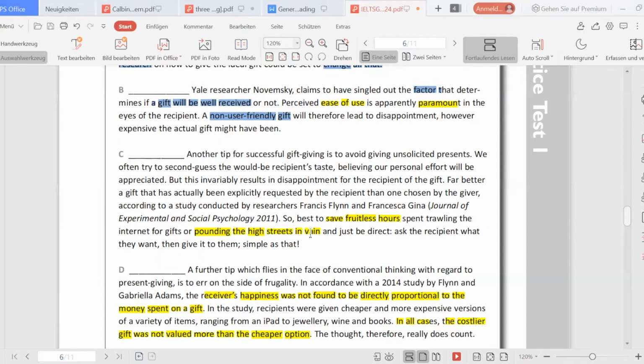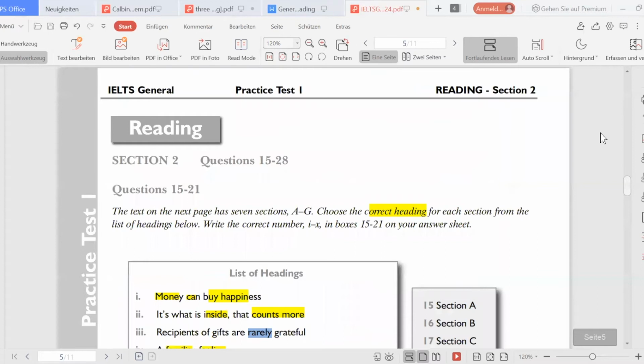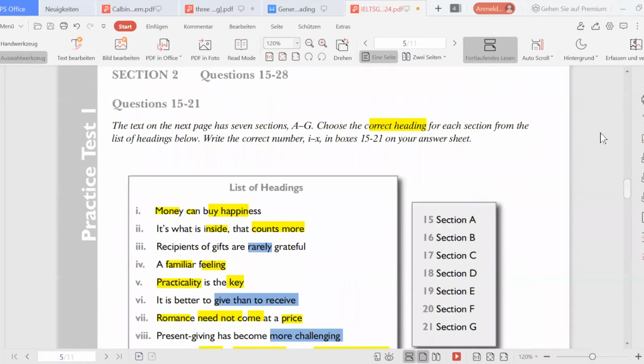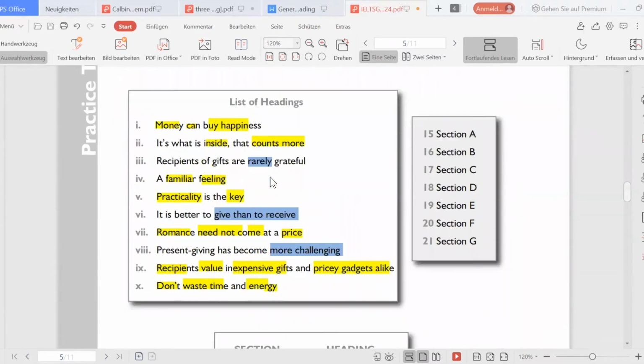Fruitless hours, pounding the high street in vain. Strong adjectives. B was about high degree adjectives. C is strong adjectives. We go to the text and then we figure out for 17, and it's actually the letter X. Don't waste time and energy.